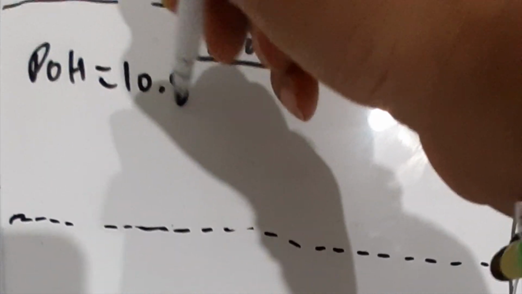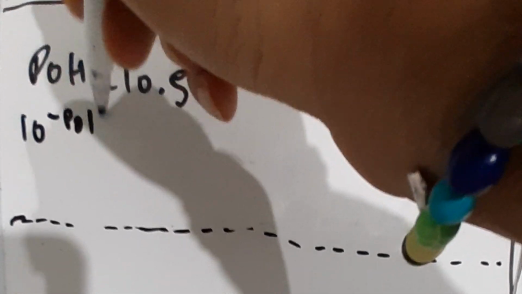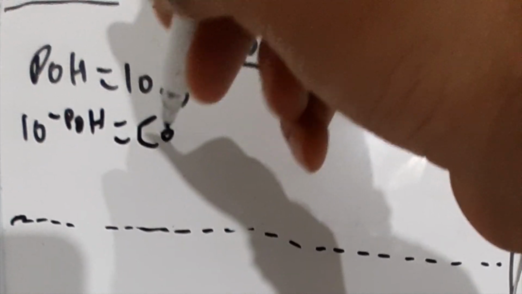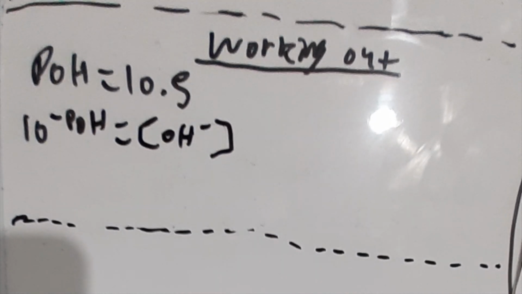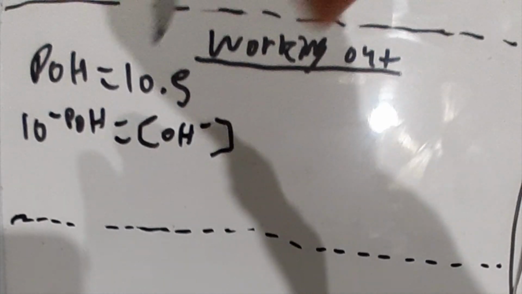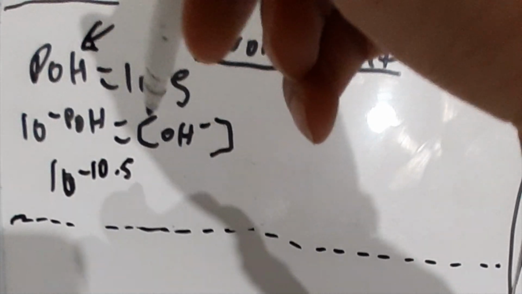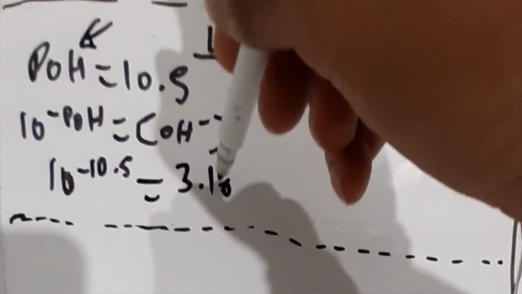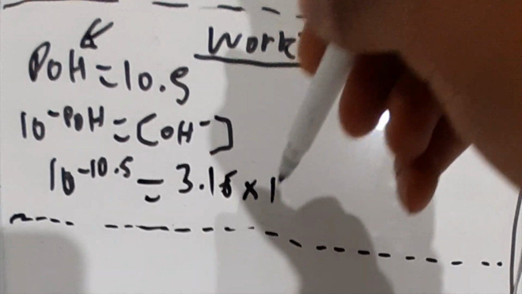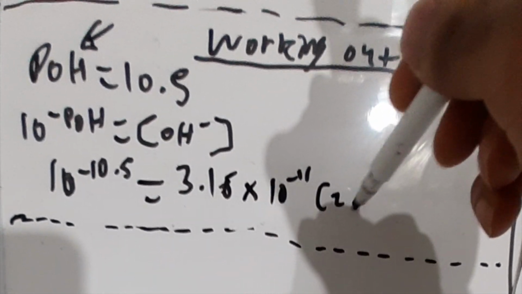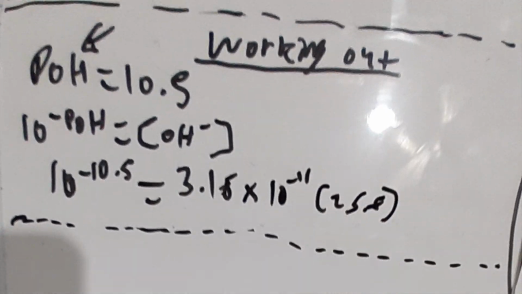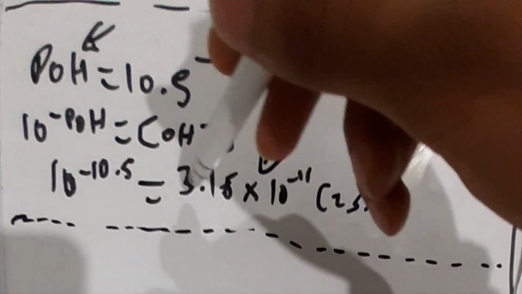Now, using this result of pOH equal to 10.5, using the formula 10 to the power of negative pOH is equal to the concentration of OH-, we can sub in our pOH value and find that 10 to the power of negative 10.5, because that's our pOH value, is equal to 3.16 times 10 to the power of negative 11 to two significant figures, which is the OH- concentration right there.